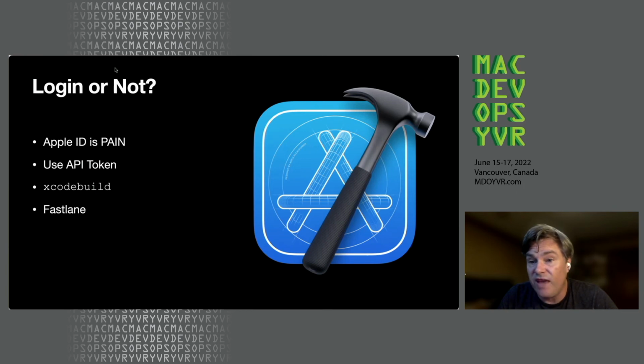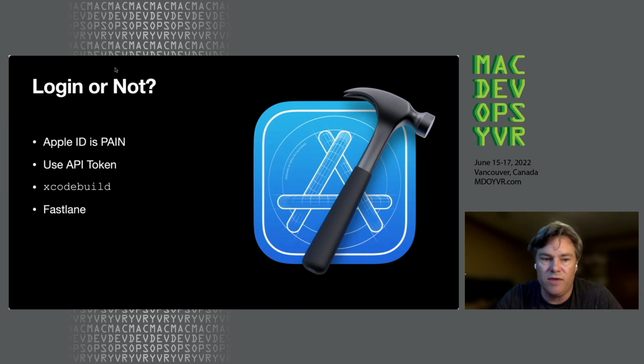You can use it with Fastlane. In some cases, it doesn't do everything you would need it to do with xcodebuild. The biggest example for me is that you can't do Developer ID signed Mac apps with xcodebuild and an API token. You can with Fastlane and an API token. So at that point, you would go through it and use it that way. But logging into Xcode will drive you crazy.